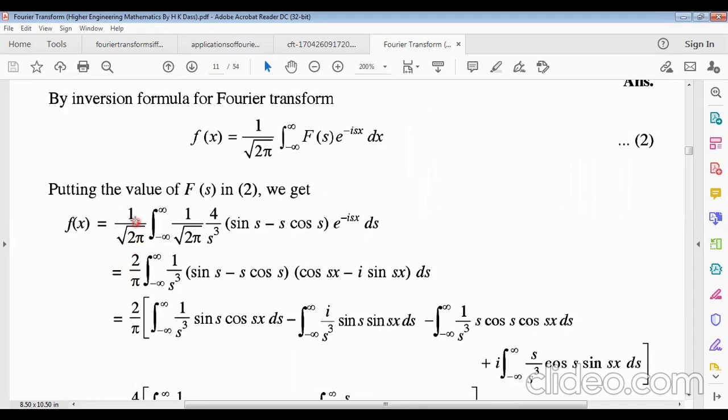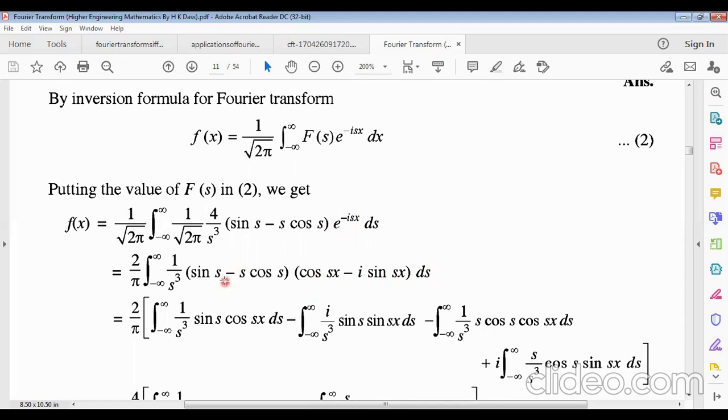Now 1 by root 2 pi times 1 by root 2 pi gives only 1 by 2 pi, and then with the 4 it will be 2 by pi, integral from minus infinity to plus infinity of 1 by s cube times sin s minus s cos s, and e to the power minus isx can be written in complex form as cos sx minus i sin sx. This exponential form is written as the trigonometric form of a complex number.